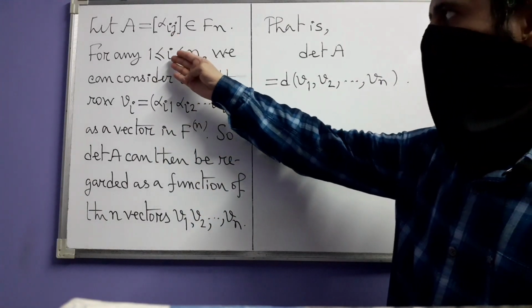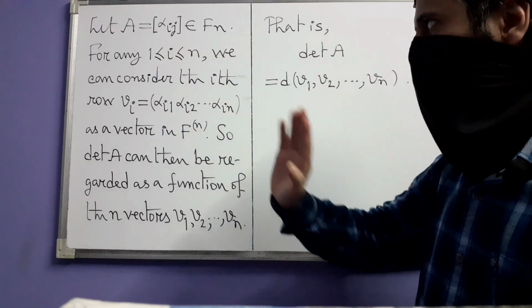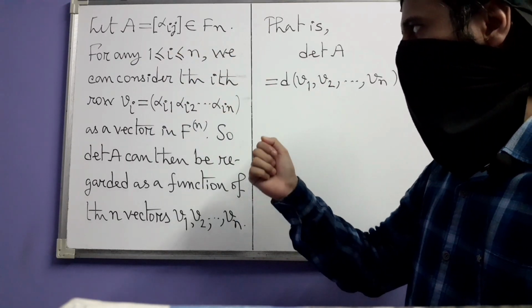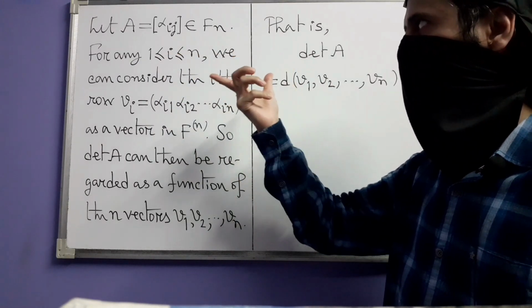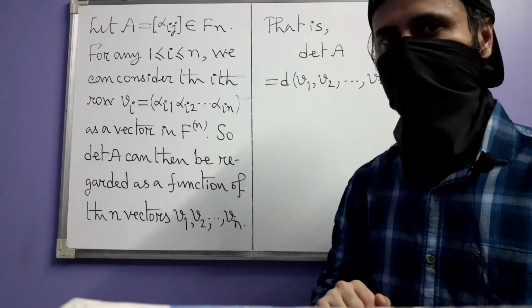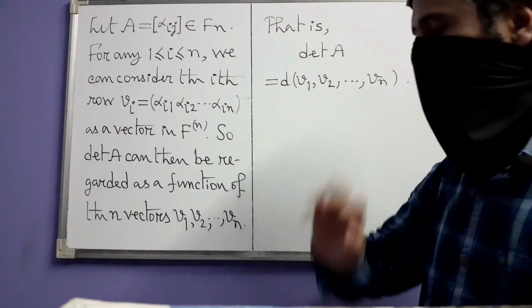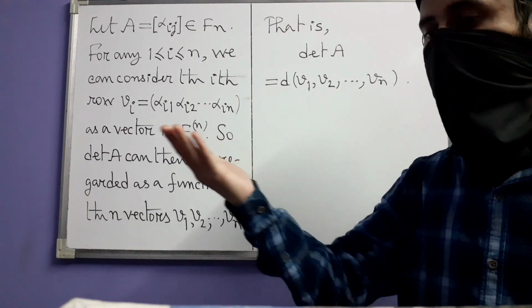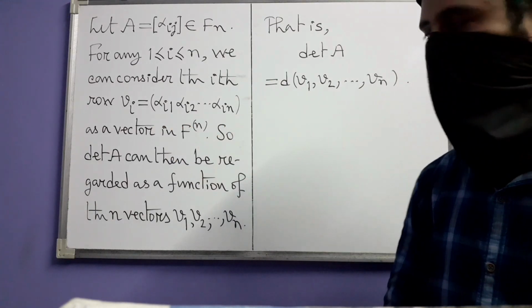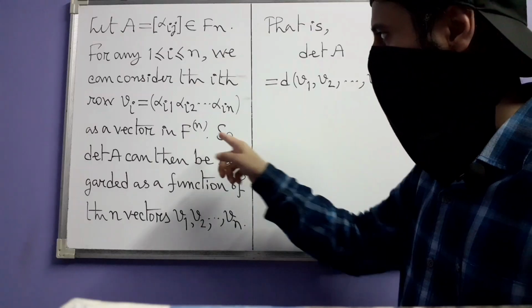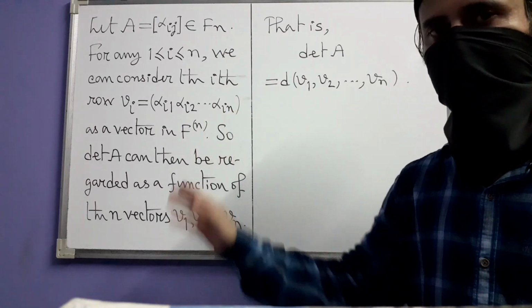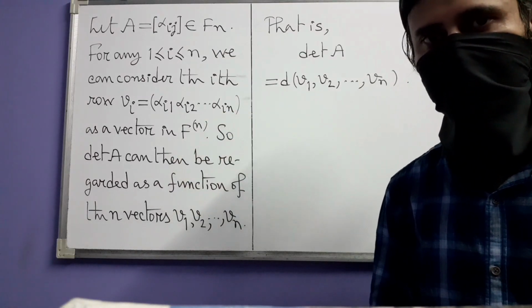Now for any I lying in this range from 1 to n, you can think of the ith row of this matrix A, which will have these entries alpha I1, I2 up to alpha In as a vector in Fn, in the space of n tuples over F.